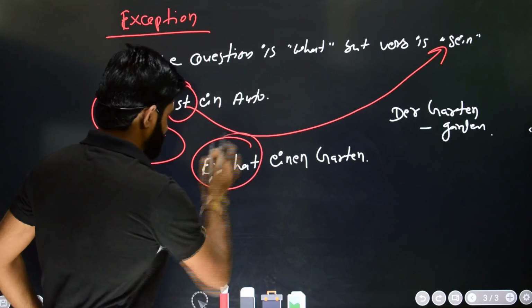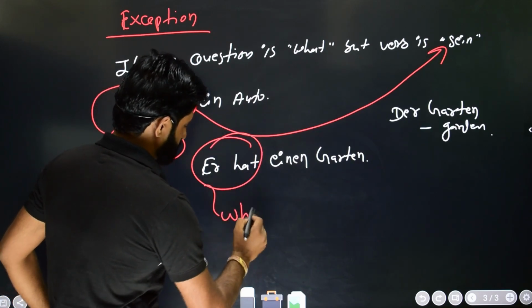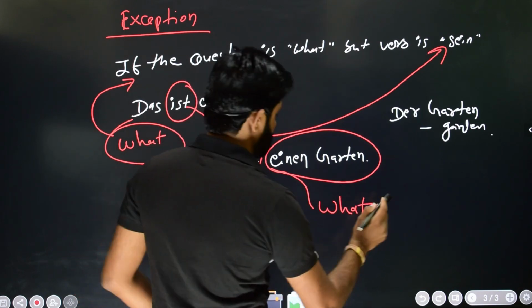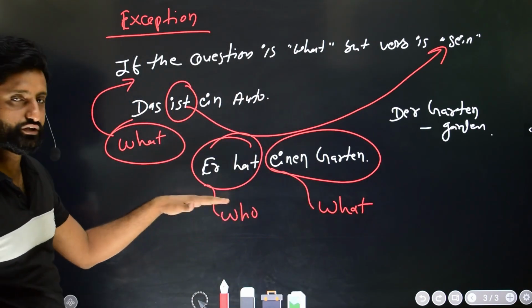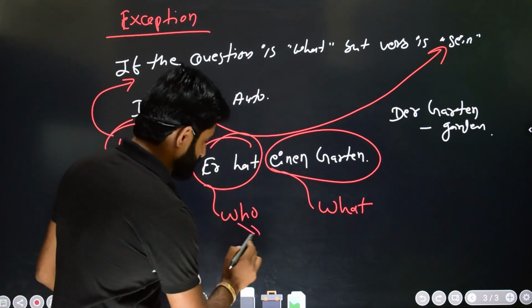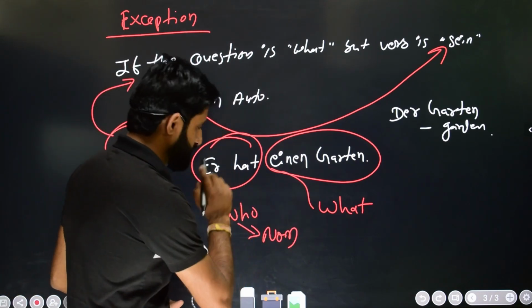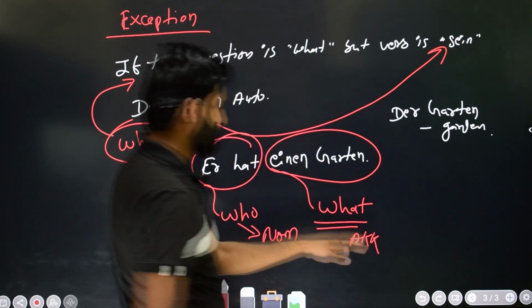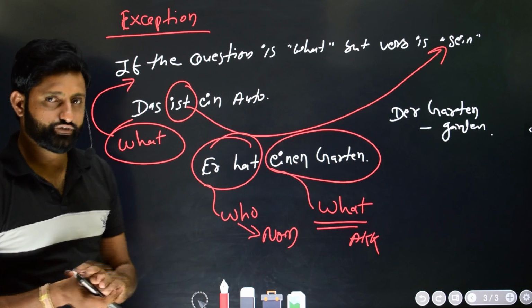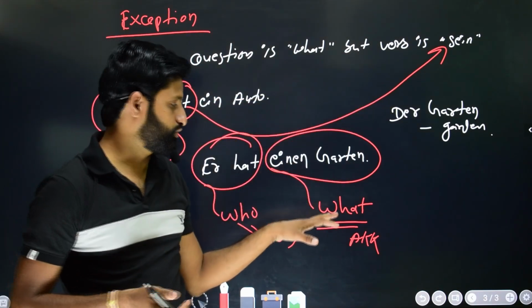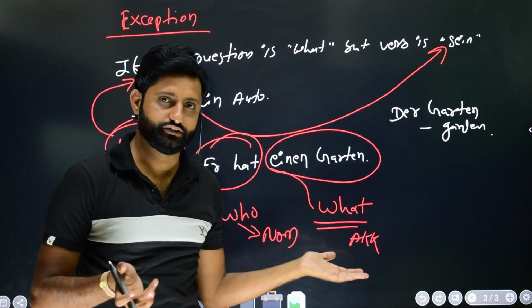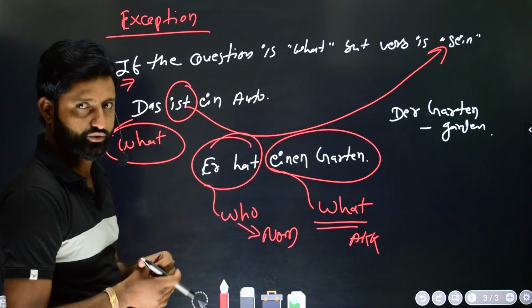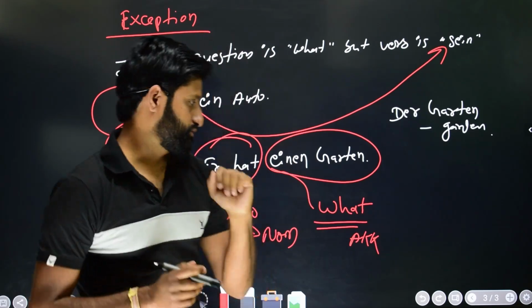So, the first one: who has, what has. And this we have already learnt: the question is with who, so it will be the nominative part, and this will be accusative. So before considering this part accusative, we should consider the sein verb. If there is no sein verb, then this is accusative. If there is a sein verb, it will be nominative only. So this is the first way to identify the accusative case with the help of a question.